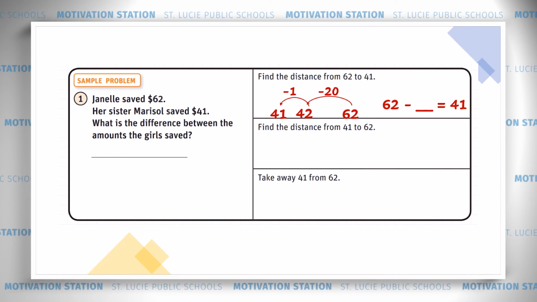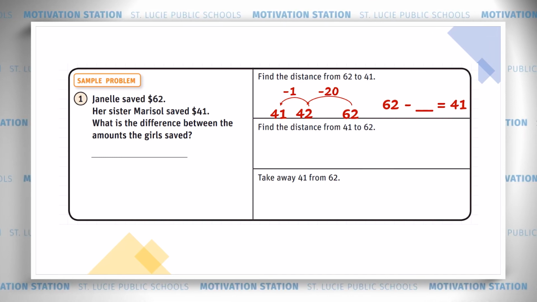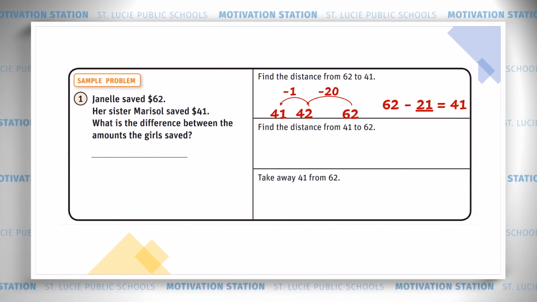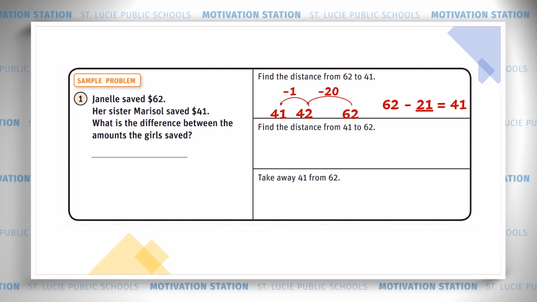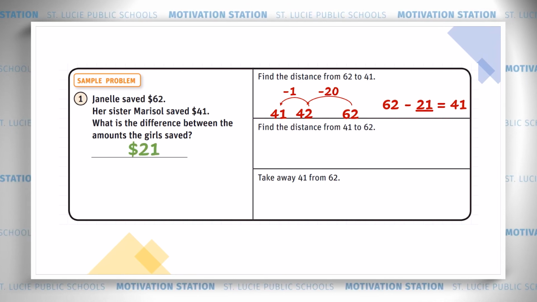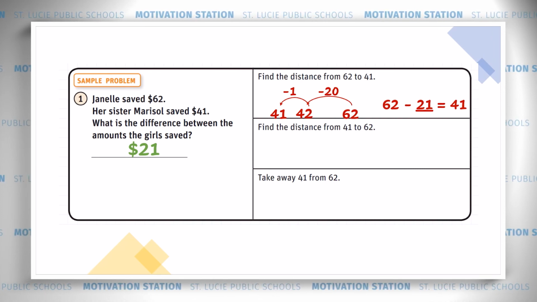So 62 minus 20 plus 1 is 21. 62 minus 21 equals 41. The difference between the amount the 2 girls saved is $21. Go ahead and write that down.